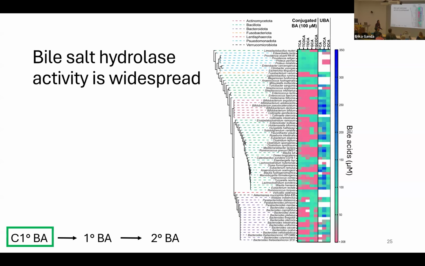In the middle column here, we have the unconjugated bile acids. So these would be produced from deconjugating activity. And you see, there are some darker blue spots. That's because deconjugation of both TCA and GCA would produce cholic acid. And so there might be twice the concentration of these unconjugated primary bile acids.